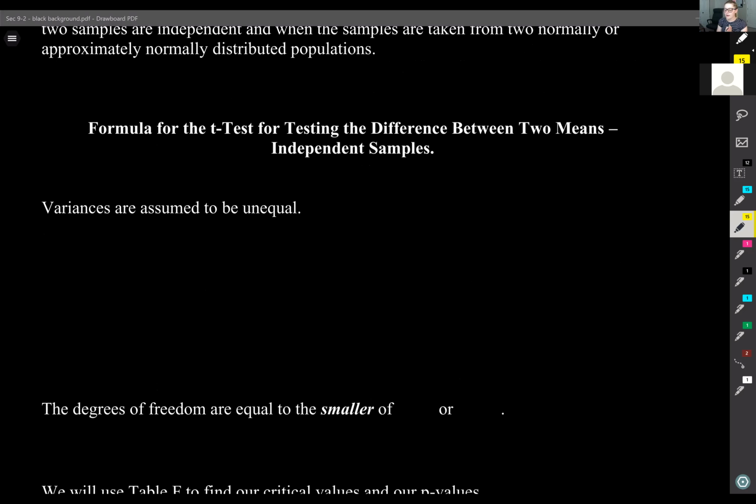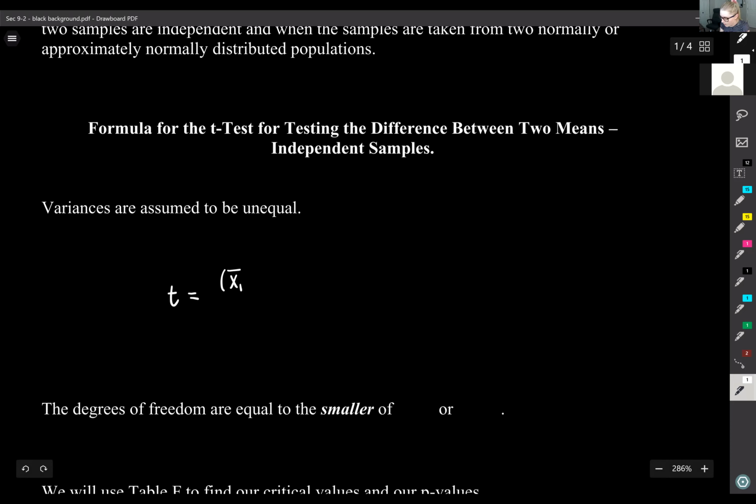So let's go ahead and write down the formula for the test value. This is t equals, and this one might look a little more complicated, but it's only because we're dealing with two means and two different samples. So we have a little bit more in our formula to calculate this.